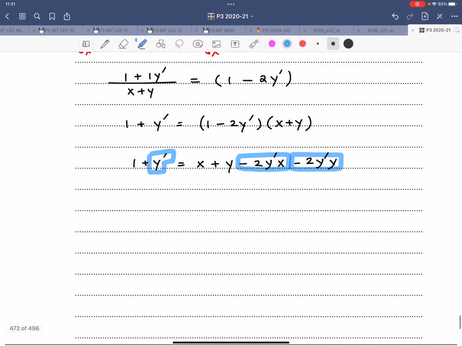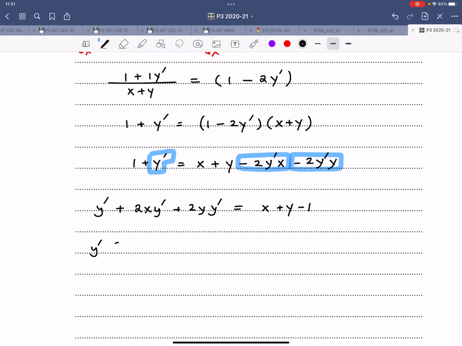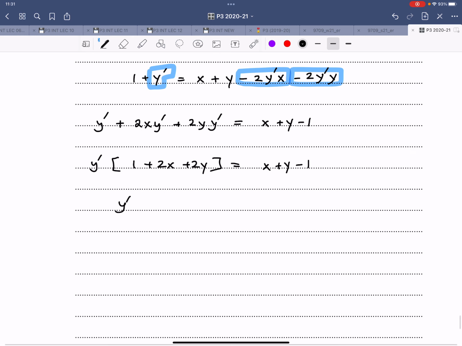So let's take everything to the left hand side. So y prime plus 2xy prime, I've changed the order, plus 2y prime equals x plus y minus 1. y prime common: y prime times 1 plus 2x plus 2y equals x plus y minus 1. Therefore, y prime is x plus y minus 1 divided by 1 plus 2x plus 2y.